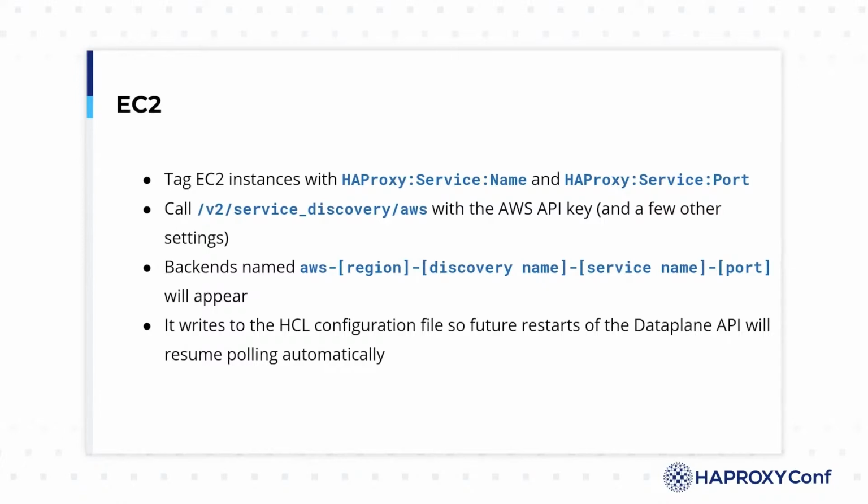That also means that if you didn't want to make the service discovery AWS call at all, you can manually write the AWS or Consul information into the HCL file. The syntax for doing that is in the blog, but either way, it does the same thing.